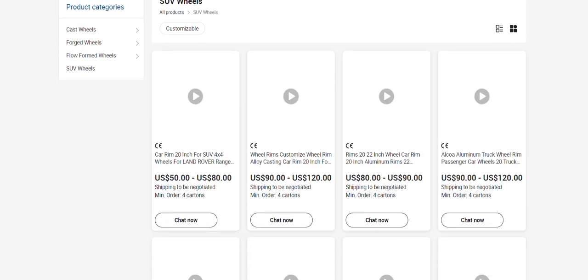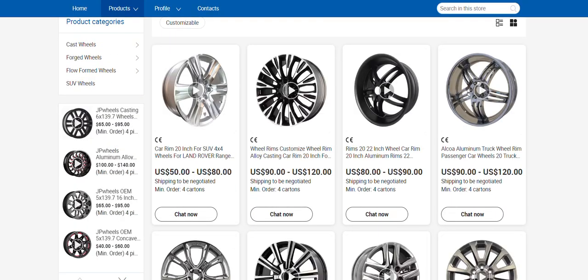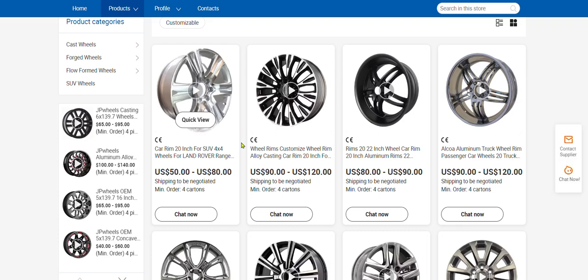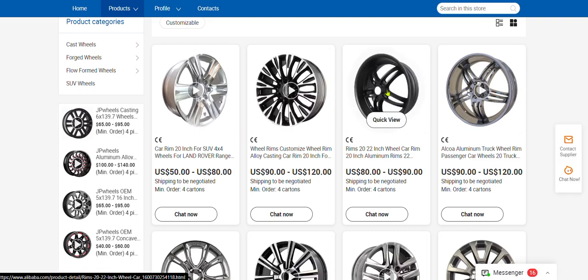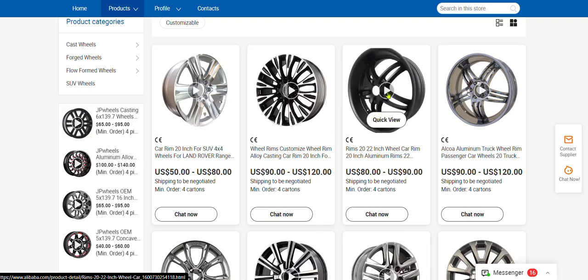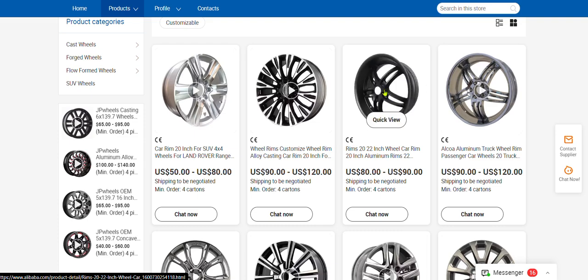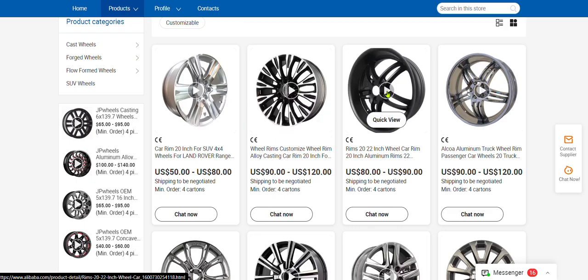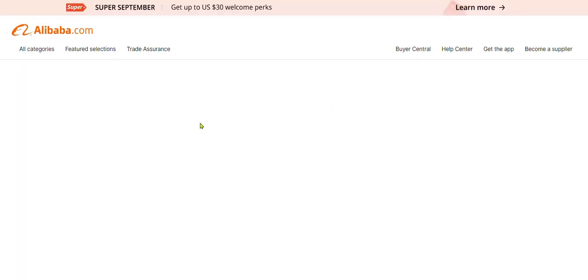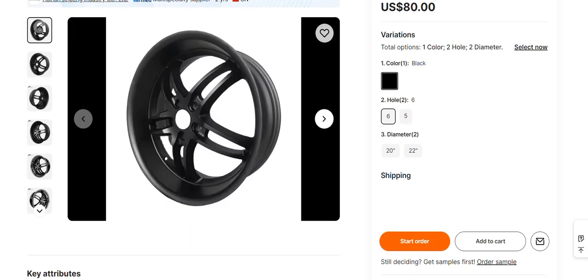Let's focus on the SUV rims. I just want to see the varieties they have, and these things are crazily cheap. I'm worried about the quality. I'm not really very sure, but that's how you go about it. So they go from $80 all the way to, come on, these things are crazily cheap. If you may allow me, let me see that.